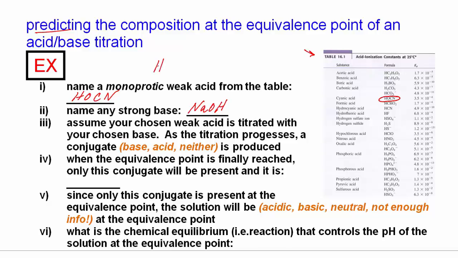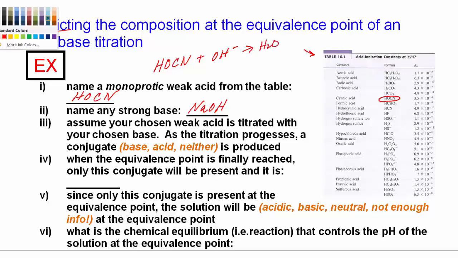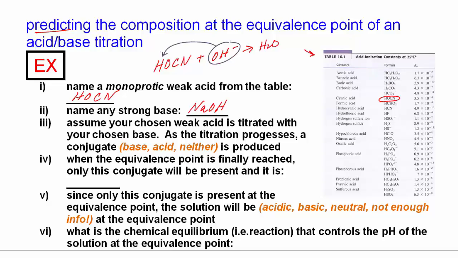So we have HOCN and our strong base. What are we going to make? Water, right? Because that hydroxide will grab onto that acidic hydrogen and we'll make water, but what's left over? OCN minus, right? The conjugate base.